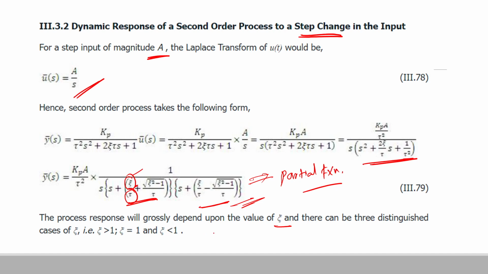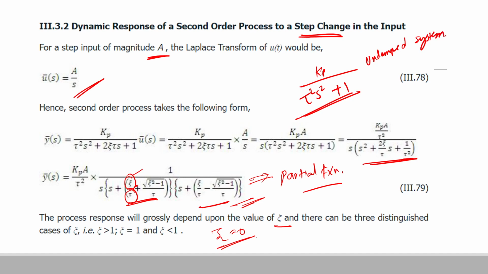If zeta is equal to 0, then such a system can be represented by Kp upon tau square s square plus 1. This is an example of an undamped system, that is, for zeta equal to 0.